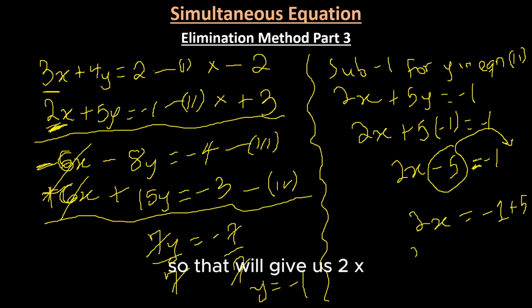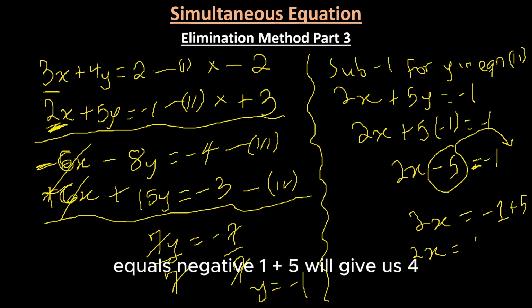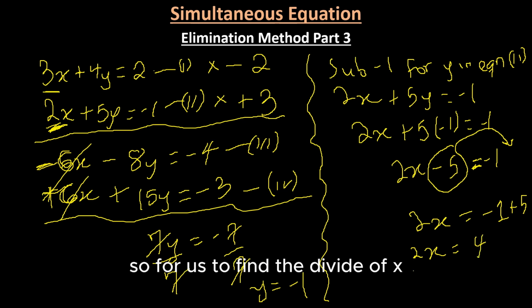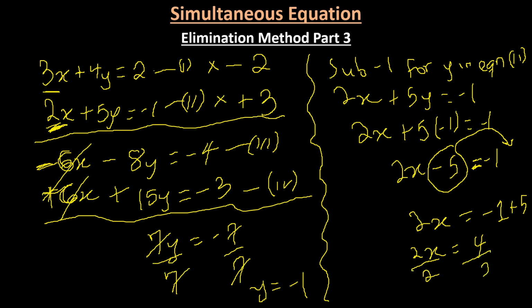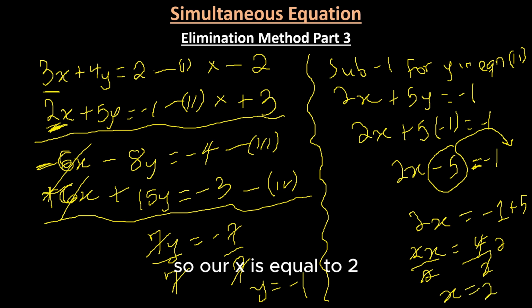That will give us 2x equals 4. For us to find the value of x, we divide both sides by the coefficient of x, which is 2. So our x is equal to 2.